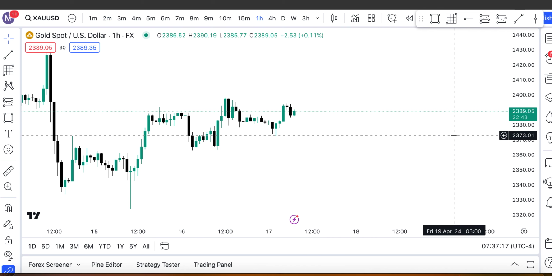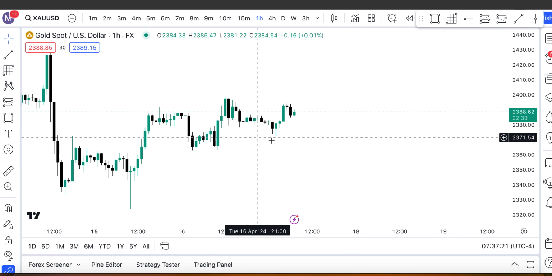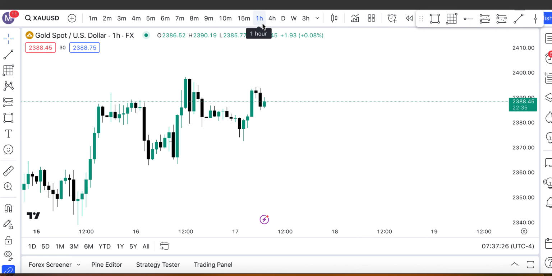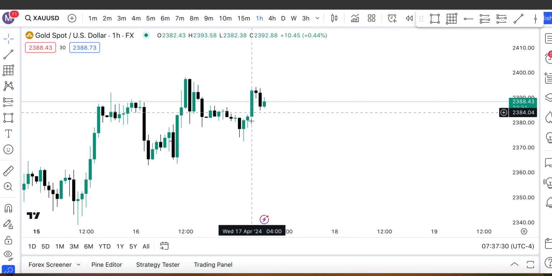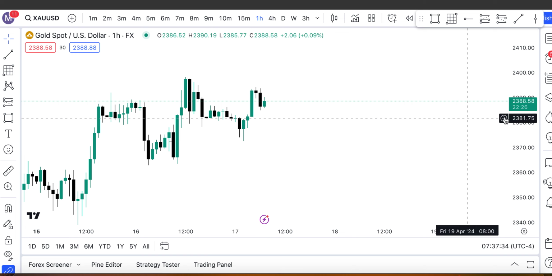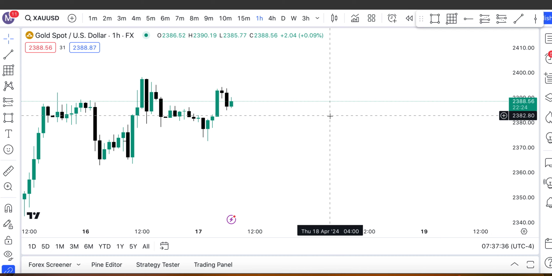So what do they actually mean? It essentially represents what candles we are looking at. So if we are on the 1 hour time frame, then each candle represents 1 hour, so it takes an hour to open and an hour to close.